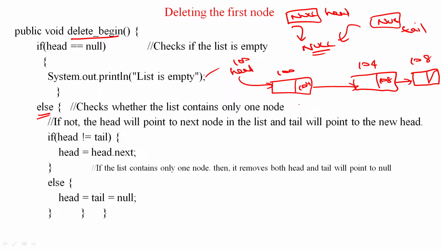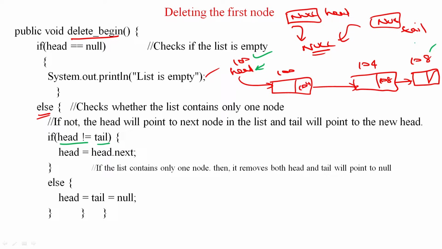So here I want to delete the first node, which is represented by head. Now the link has to be updated in the head. So now we are checking head not equal to tail. Yes, head is 100, tail is 108.